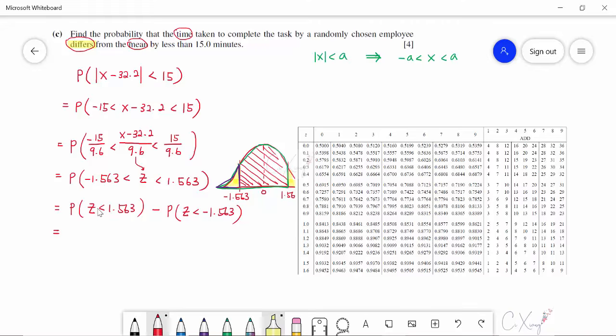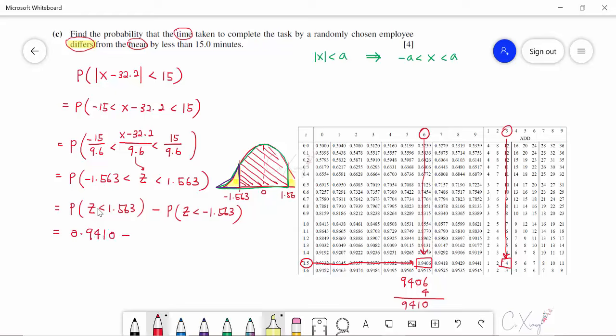So you look for the z. 1.56 will lead you to this value here, and then 3 will give you this value 4. So that means you take 9406 plus 4, and therefore you get 9410.